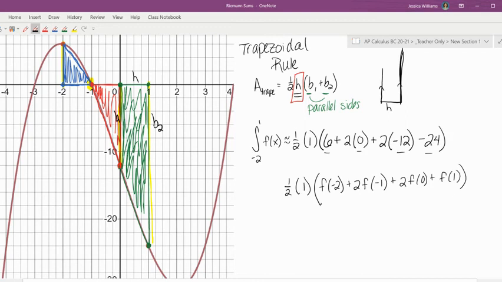And that is super easy to type in if I have my polynomial saved in y1 in my calculator, x cubed minus 13x minus 12. Then I don't have to worry about dropping a negative or any of the terrible things that happen.